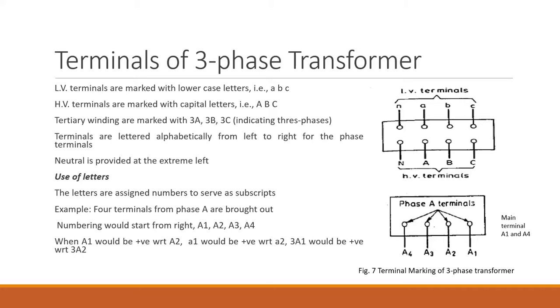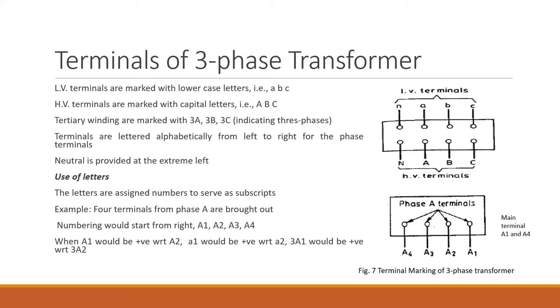If there is a tertiary winding in a transformer, it will start with the number 3: 3A will indicate the tertiary winding, then 3B, 3C. So 3A, 3B, 3C indicate the three phases of the windings. Next, how these letters would be written on the terminals.